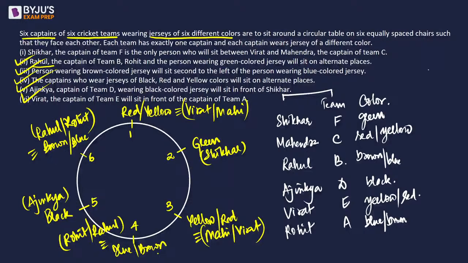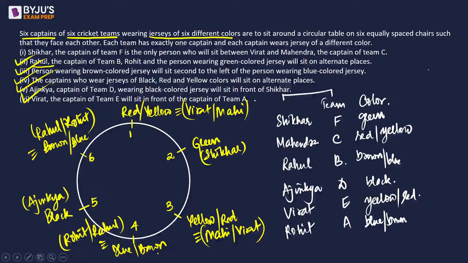There was something about second to the right now. Sorry, second to the left. Person wearing brown colored jersey will sit second to the right of the person wearing blue colored jersey.